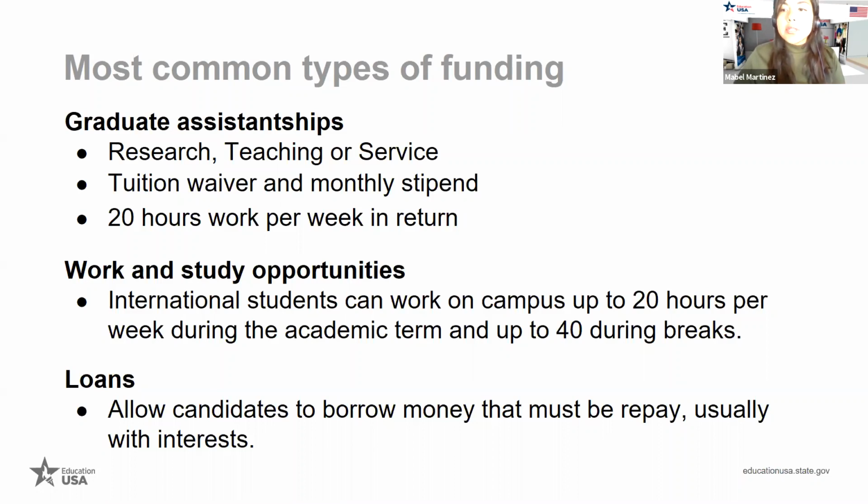Another great resource to have extra money, I will not say it's a great amount of money, but it's a great way to have extra cash, is to have the opportunity to work on campus. As an international student, you can work on campus up to 20 hours per week during the academic term and up to 40 hours during breaks.